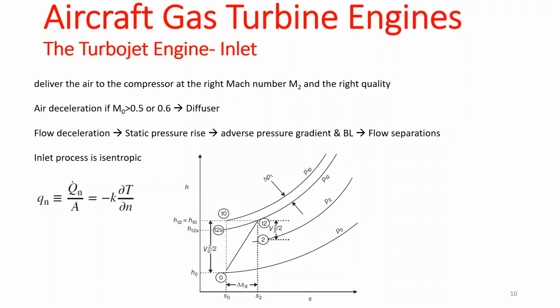Are there any questions here? The ideal case is going to go from here, 0, to here, the isentropic case. Let's say this is the total condition. Go from the total condition 0 to the total condition at the compressor, which is the isentropic. But what happens in reality is that you go from here to here, right? Which means that you have some entropy rise.